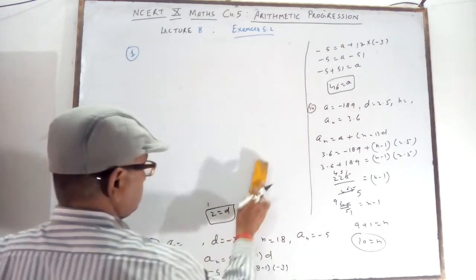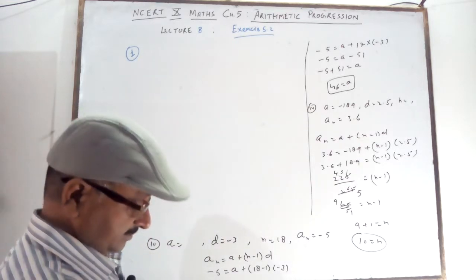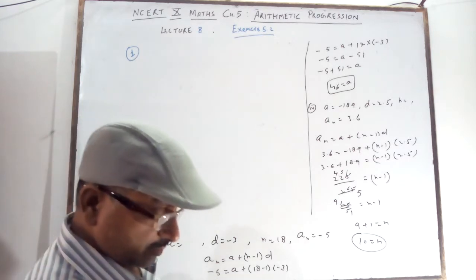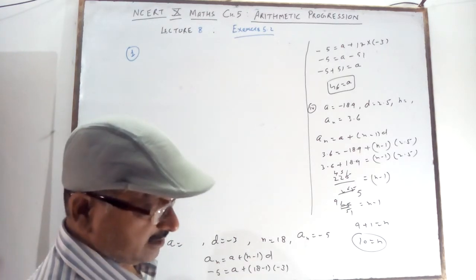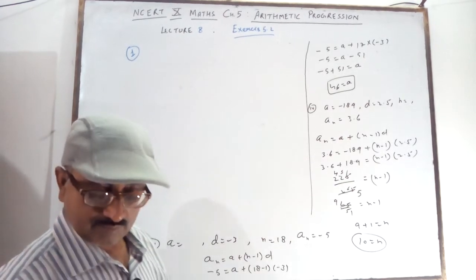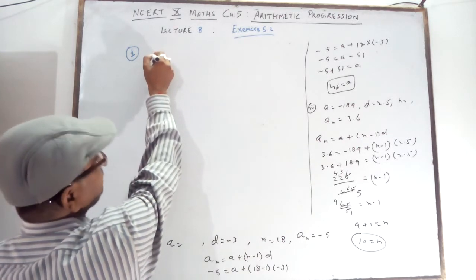Fifth part of this question. What is given? Fifth part, 3.5, 0, 10.5. What is the fifth part?